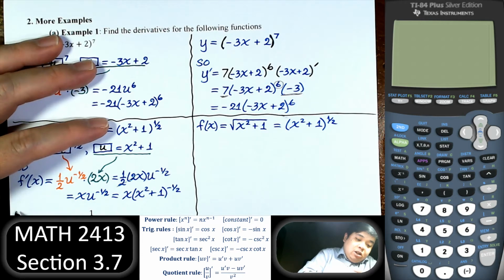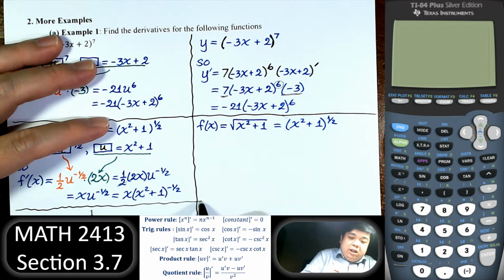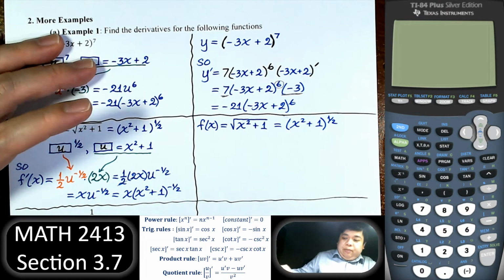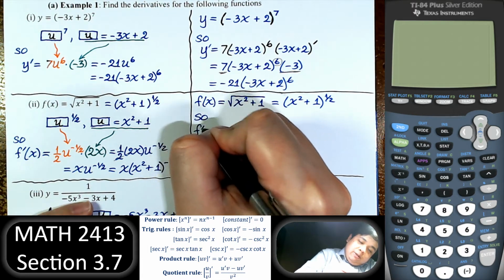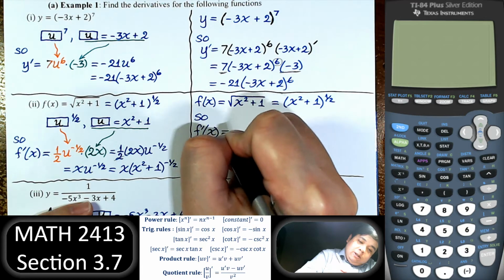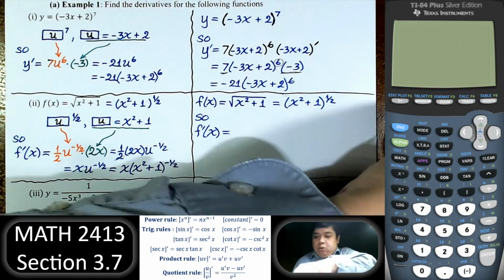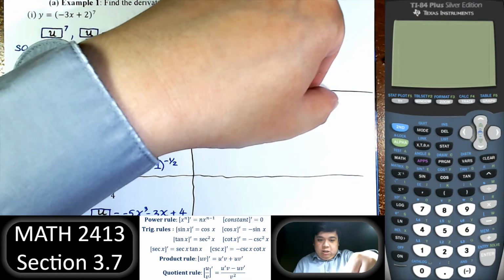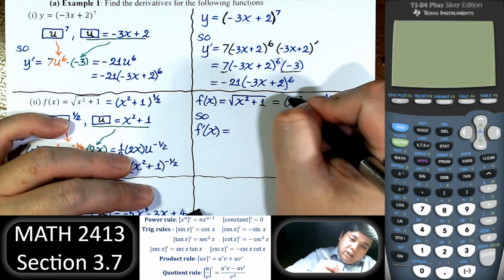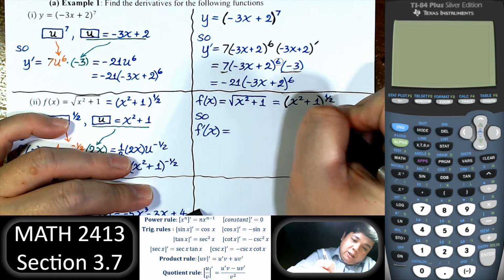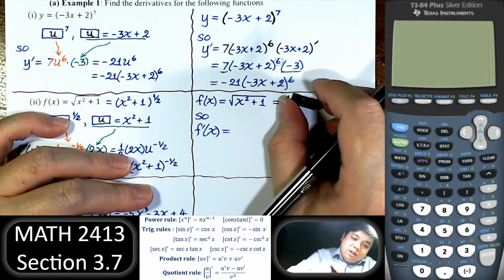It's a lot easier to take the derivative than with the square root. So I will take the derivative. There will be parentheses to the 1/2, so put the parentheses around it. Ignore what's inside.